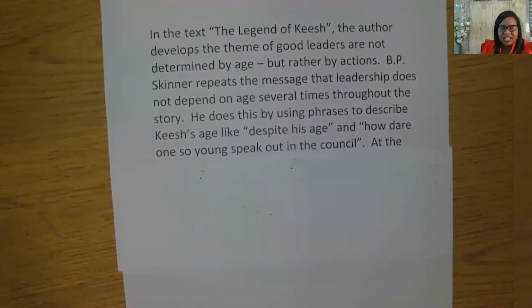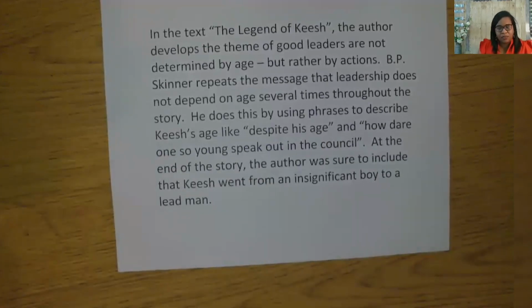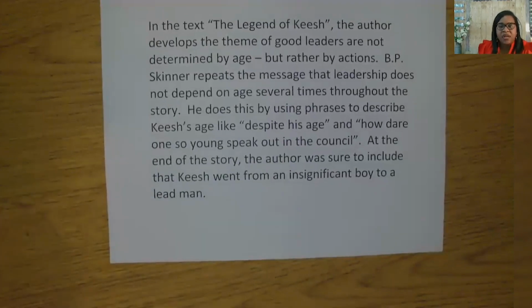Lastly, in the section, let's talk about the last part, insignificant boy to lead man. How might you write that? Here's what I wrote. At the end of the story, the author was sure to include that Keesh went from an insignificant boy to a lead man. Nice. We have our paragraph started.